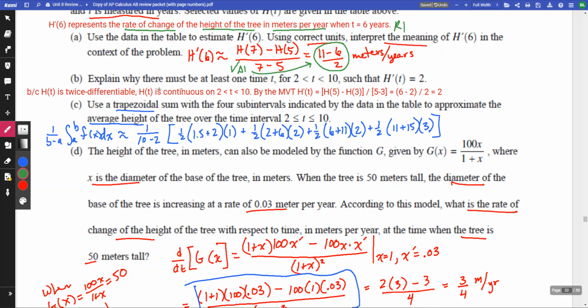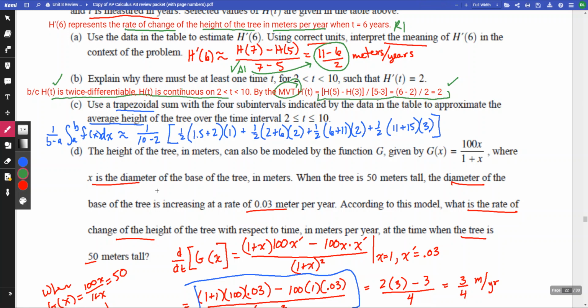Okay. For part B, I have to look at specifically this average rate of change, and I have to talk about being twice differentiable, therefore being continuous with the mean value theorem. All right. So I've got 2 marks there. Do I have the right interval I consider, and do I talk about being continuous with the mean value theorem?